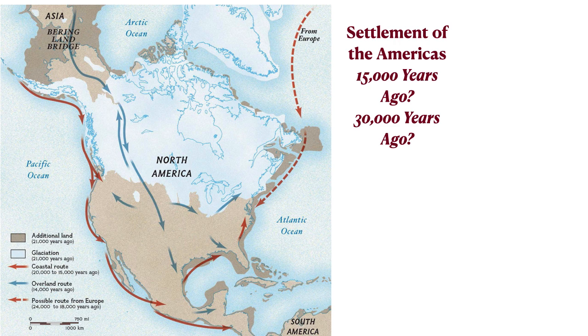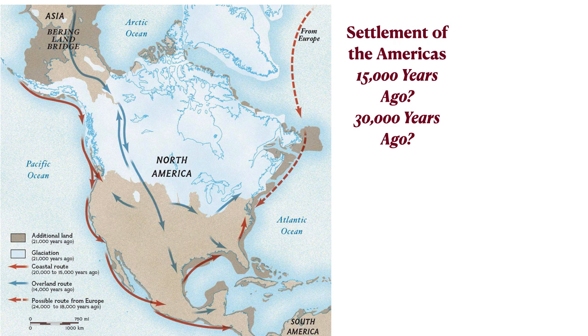It was not covered by ice. It was too dry for that. But you could see the ice cap over North America extending all the way down to central southern Illinois. Long Island in New York was a terminal moraine of one of these continental glaciers.